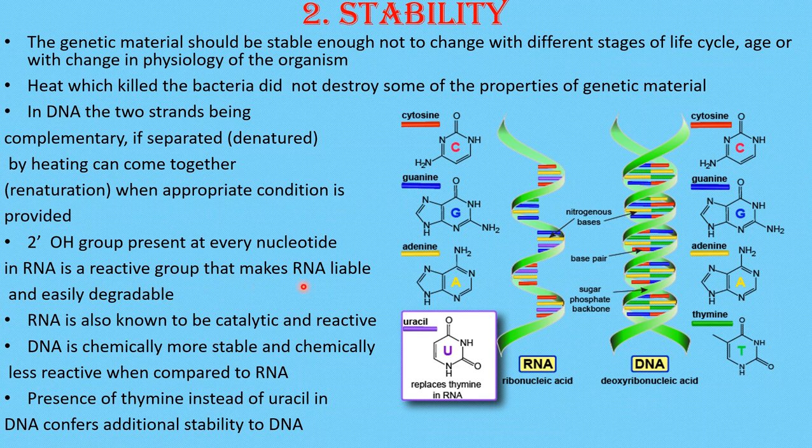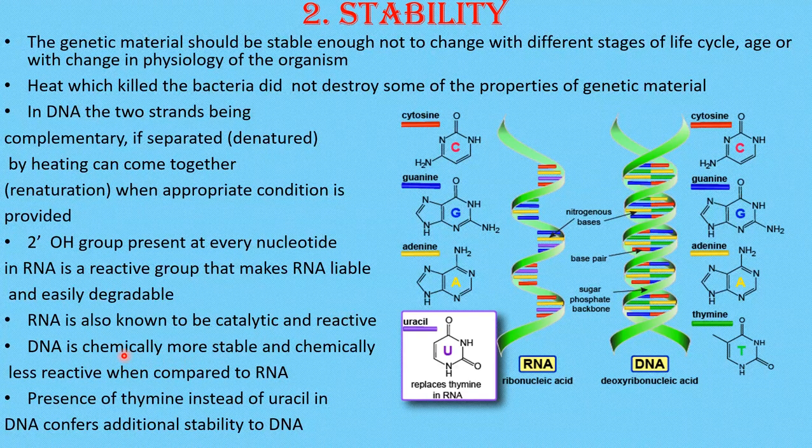So what makes RNA more reactive, active and catalytic is the 2' position hydroxyl group present in each nucleotide. We have already discussed that this hydroxyl group present in the 2' position of the carbon atom gives a reactive group. So RNA is more catalytic and reactive.